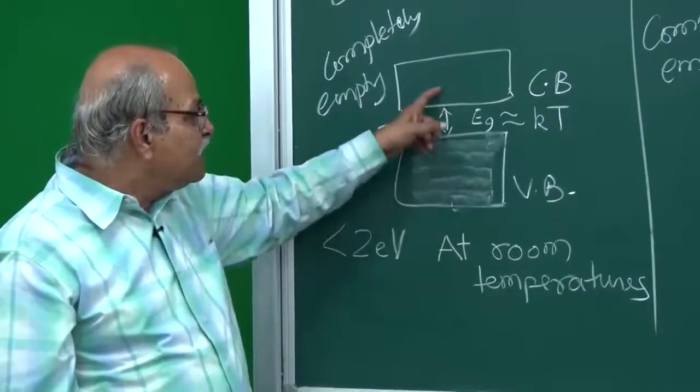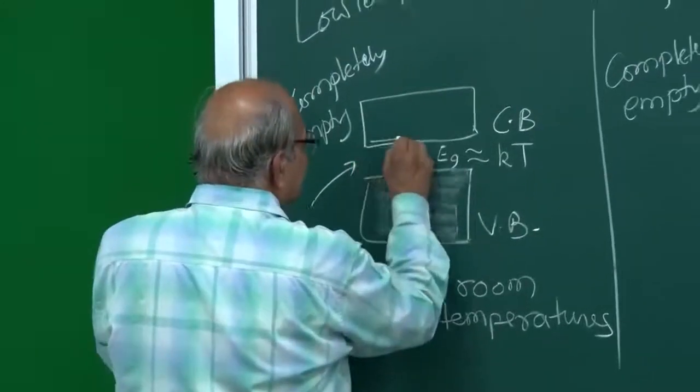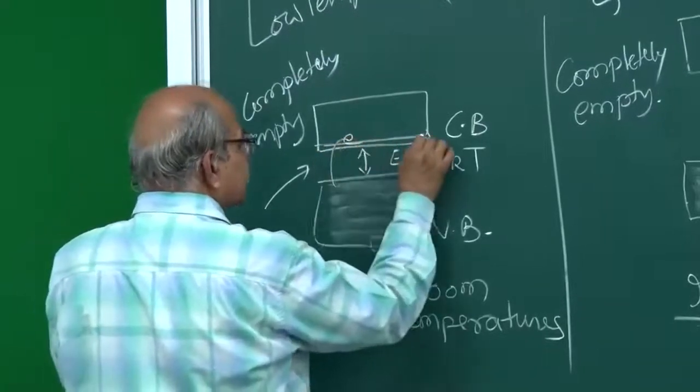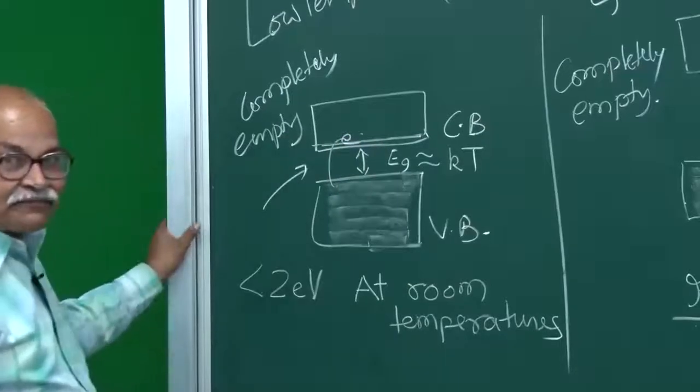And if they move here, then all these empty states are there. One electron going from here will populate this quantum state, another electron going here will populate another quantum state.